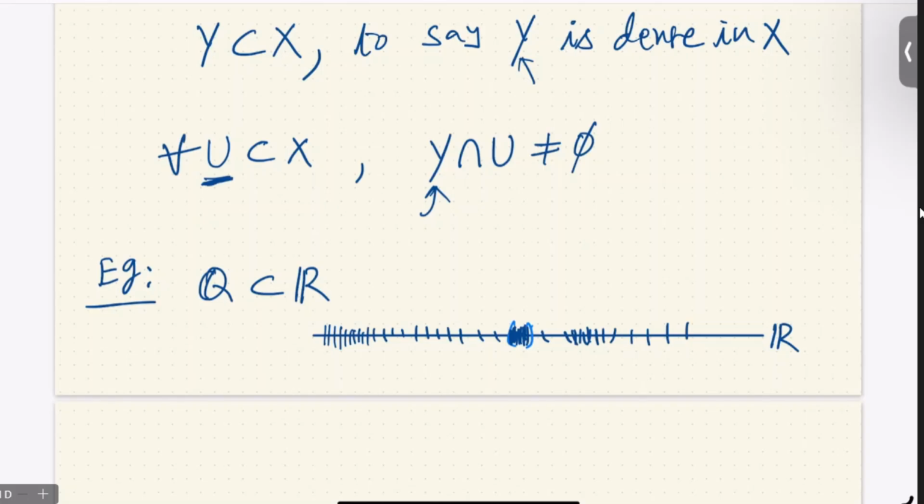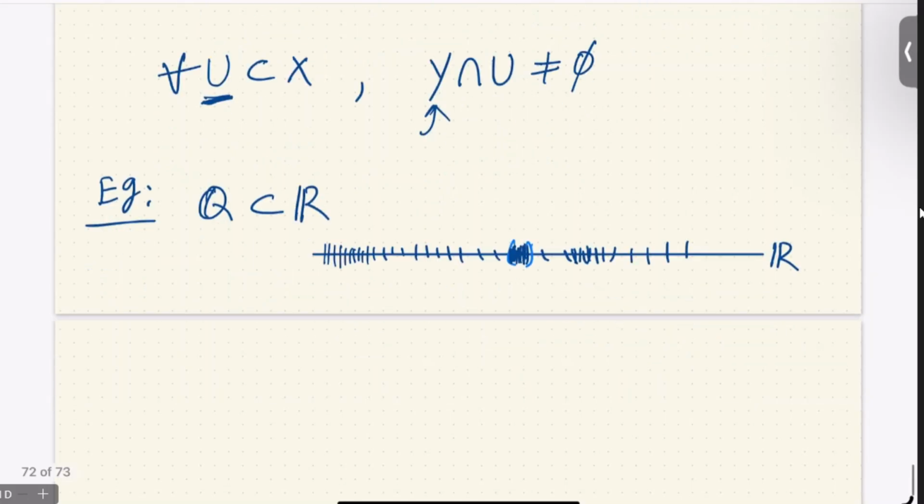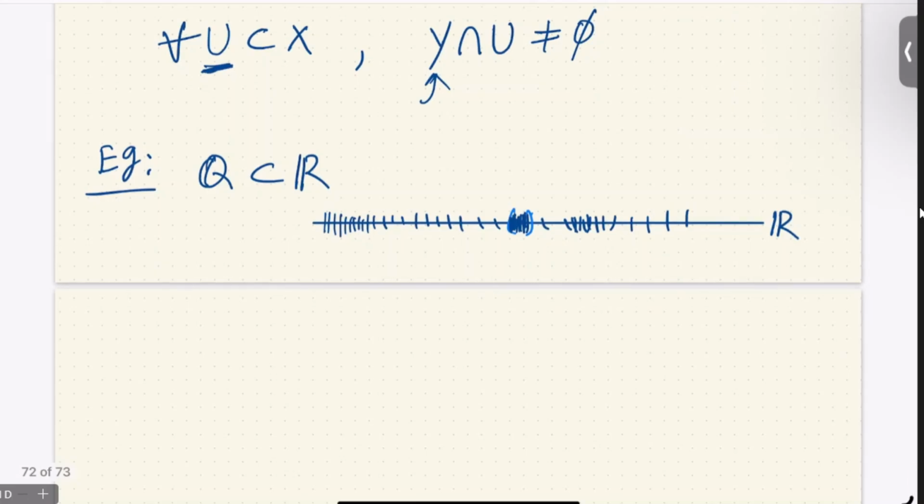That's why you don't find any gaps. Even if you choose the irrationals, R minus Q, these are also so tightly packed. This is also dense. These two are dense subsets of R.